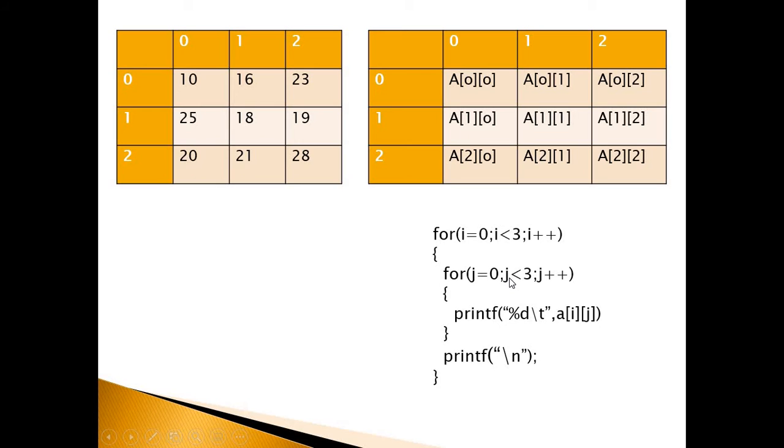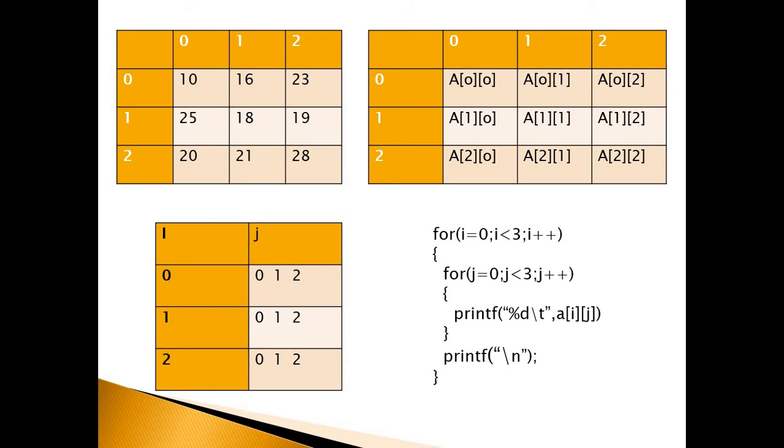As there are 3 columns, we have used the condition j less than 3 and j plus plus. Inside this loop, we are fetching the values stored in the first row in different columns. First, it fetches the value a of 0, 0. i is 0, j is 0.